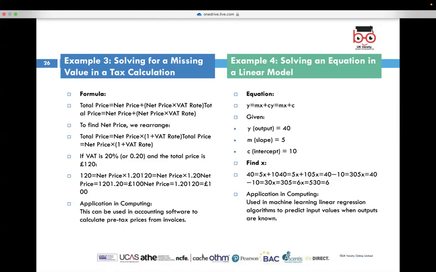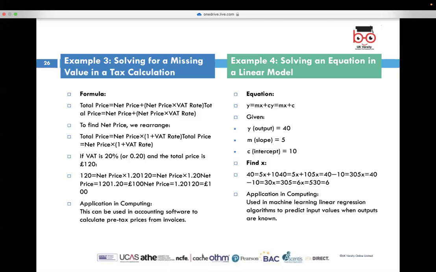If the VAT is 20% and the total price is 120, we will substitute the values in, which would be 120 equals net price multiplied by 1.20, which would then rearrange to net price equals 120 divided by 1.2, which equals £100 in this case.